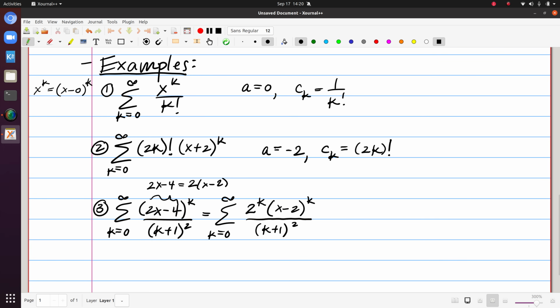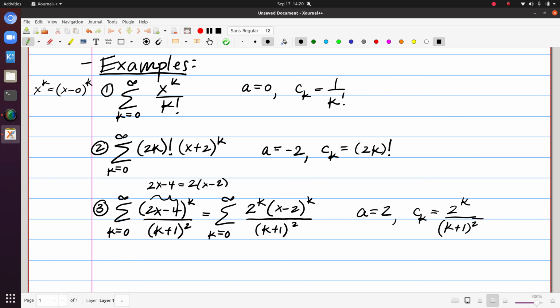So notice a few things here. I can see that the value of a, my center, is positive 2. And likewise, I can see that the coefficient now is, in fact, 2 to the k over k plus 1 squared. So if I hadn't rewritten that, I could have convinced myself that the coefficient was simply 1 over k plus 1 squared, but I see that that 2 to the k is actually part of it.